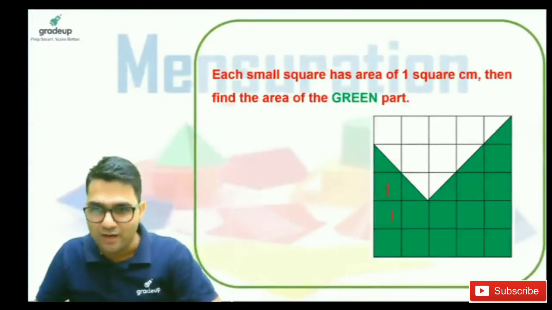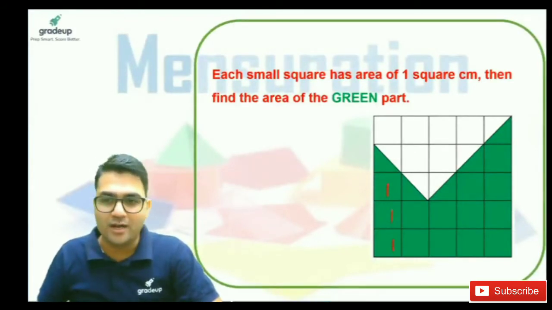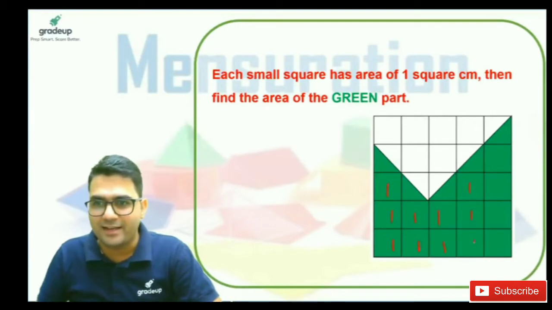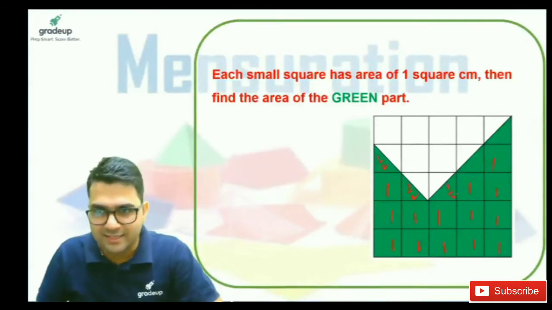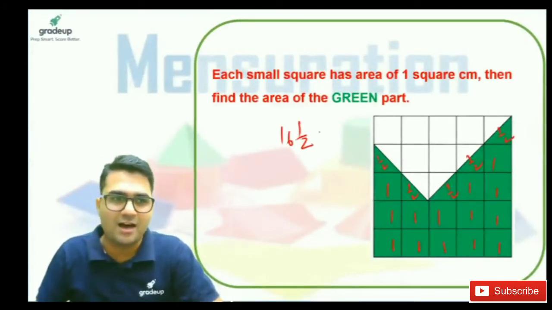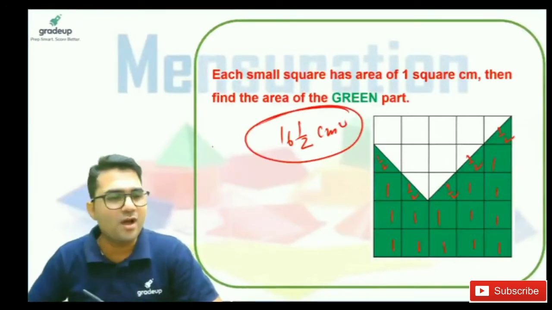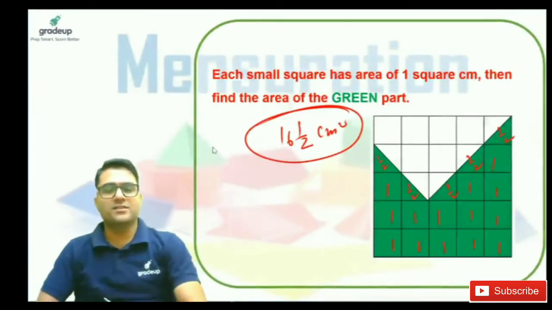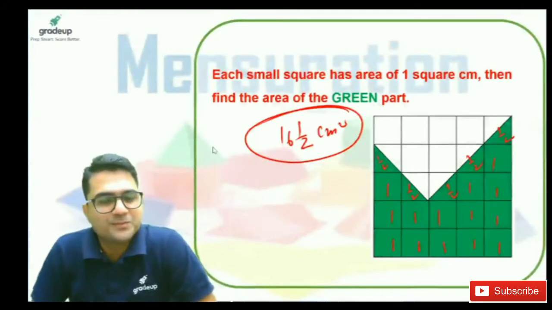This is 1 1 1 1 2 3 4 5 6 7 8 9 10 11 12 13 14 15 16 and half. So the answer is 16 and half centimeter square. I hope this is okay to all of you.